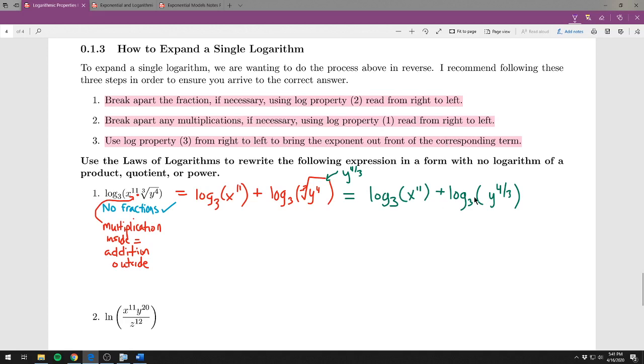Once we get there, now you can move the power. We can move the power 11 and we can move the power 4/3 out front. And that'll get rid of everything. So we'll have 11 times log base 3 of x plus 4/3 times log base 3 of y.